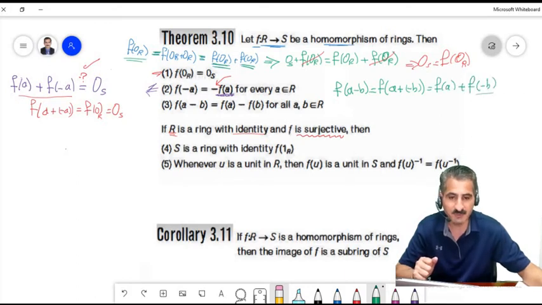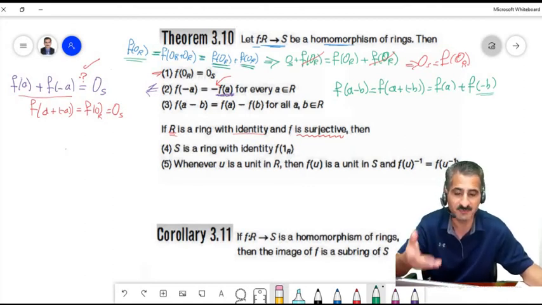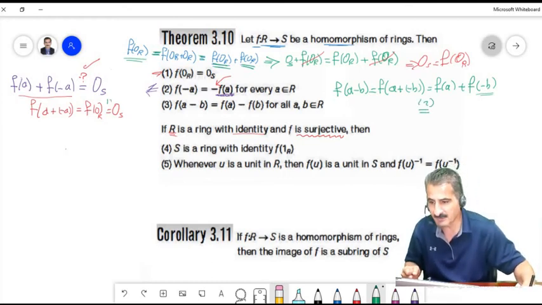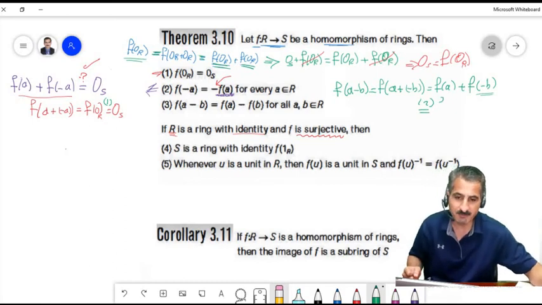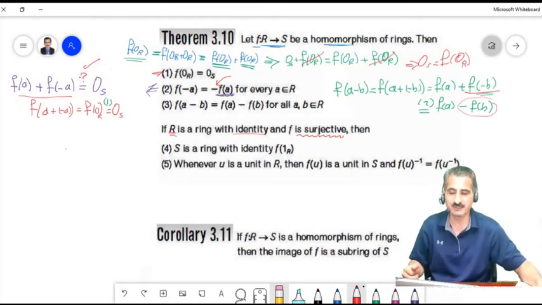Now we can replace f of negative b by negative f of b by part 2. So in here, let me say this is by part 2, and if I come back here, say this was by part 1. So by part 2, we get f of a minus f of b. So part 2 is used to convert this to this. Okay, so we have proved part 3.